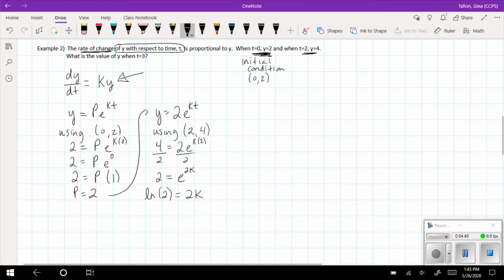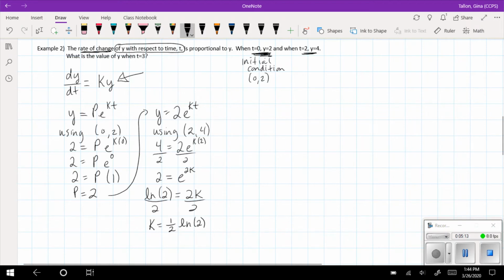Notice that my power has to go in my parentheses. When you take a base and raise it to an exponent, you get a power, so the 2 is the power. And I'm going to divide both sides by 2 to solve for k. This gives me k equals 1/2 natural log of 2. And if you'd like to call that 0.5 natural log of 2, that's fine as well.